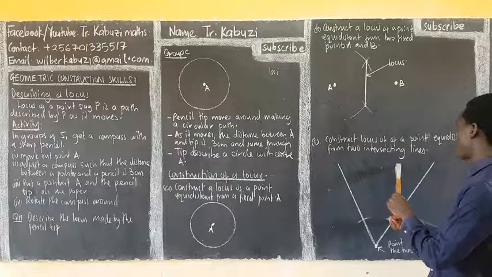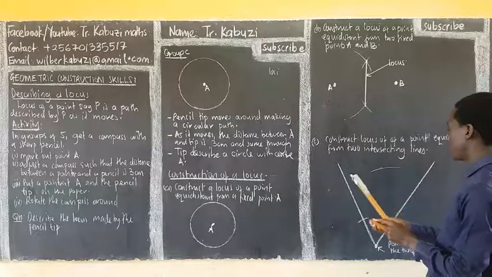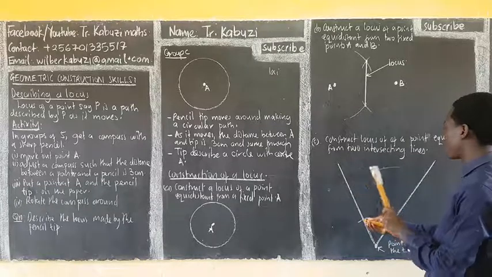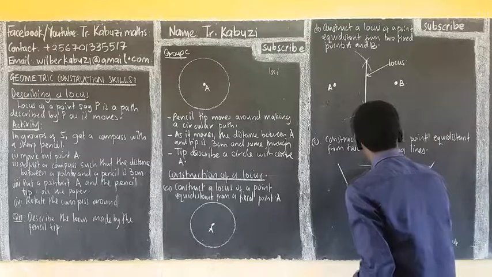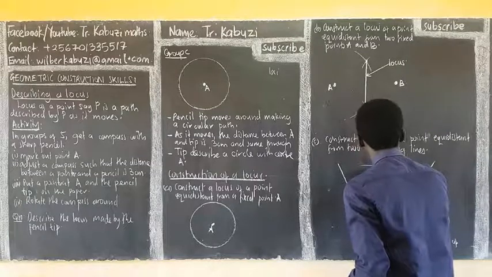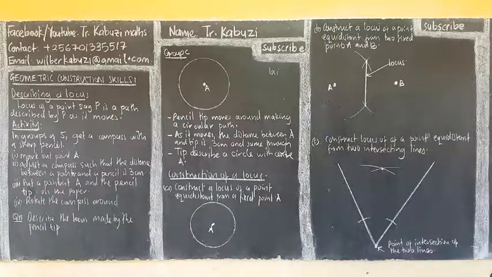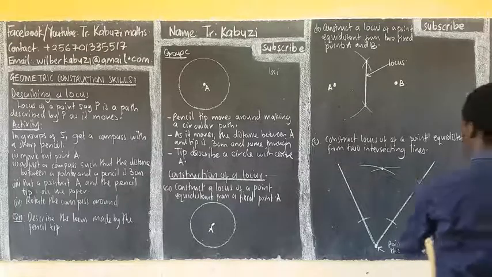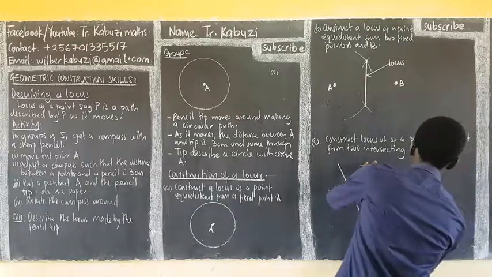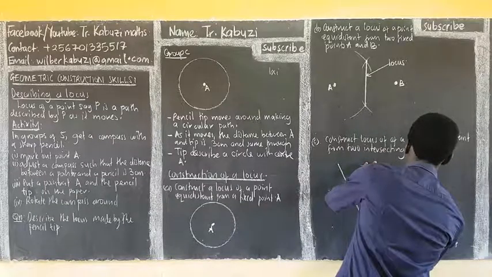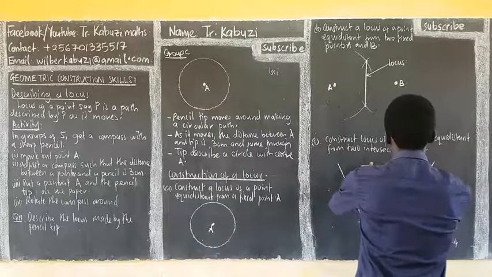So you draw another arc here, then you come here, you draw another arc like that. I think you see where these two are intersecting. This is where they're intersecting. Then you draw from here up through these points.